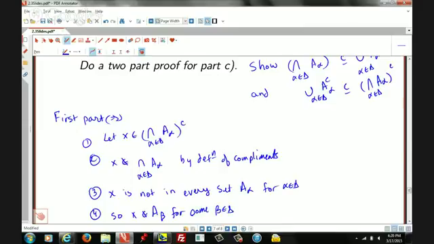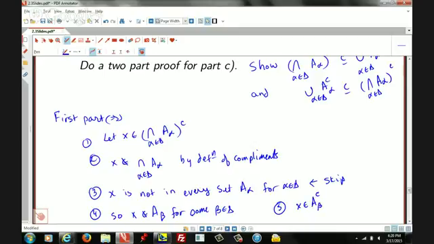Many times we skip step 3 right here and go straight to step 4. If you know it's not in the intersection, you know it has to not be in one of the sets. But if it's not in one of the sets, then step 5 says it's in an A beta complement.